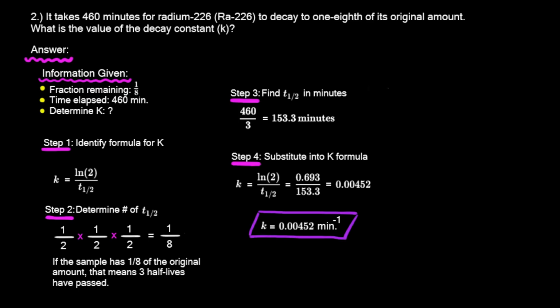Now, in step number 4, we need to substitute the values into the decay constant formula to get K is equal to 0.693 divided by the half-life in minutes, which gives 0.00452 per minute. The decay constant of radium-226 is 0.00452 per minute. Let's move on to question number 3.